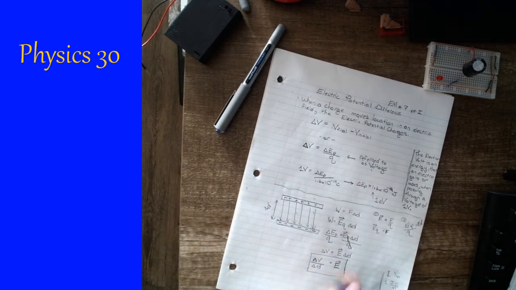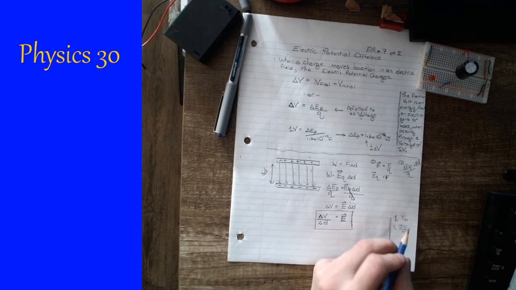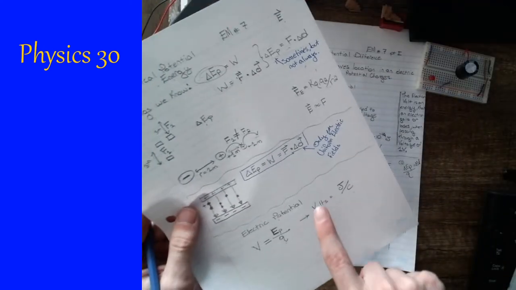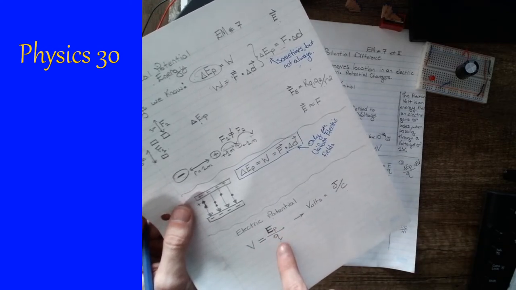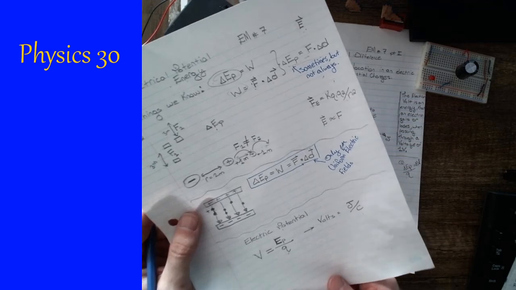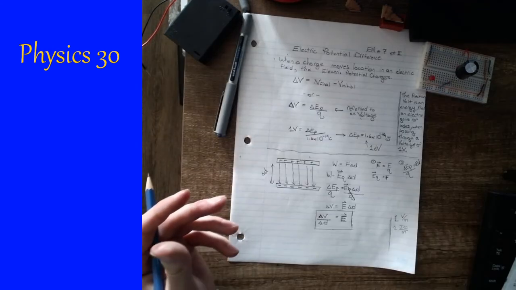That's what we saw a couple of pages ago. So a volt was a joule per coulomb because it has to do with electrical potential energy per charge.